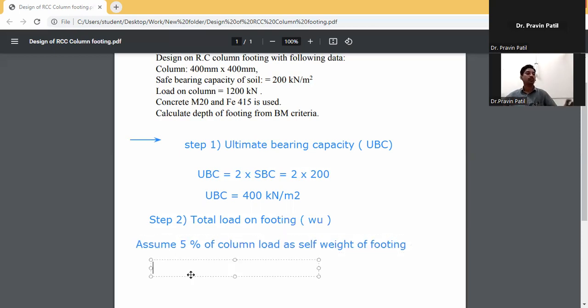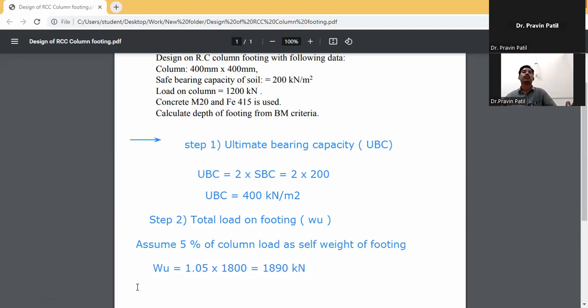So WU is equal to 1.05 into the factored load on column, it is 1800 kilonewton. 1.05 into 1800, it will be 1890 kilonewton. This one is total load on footing.